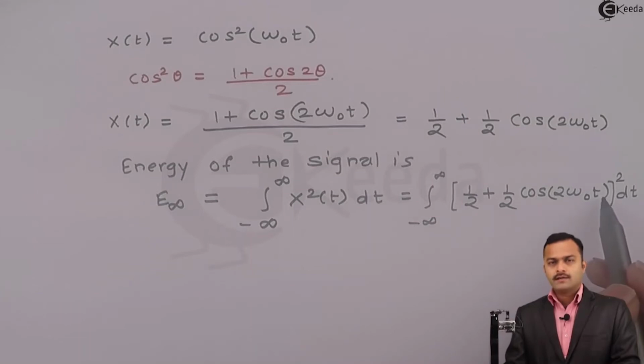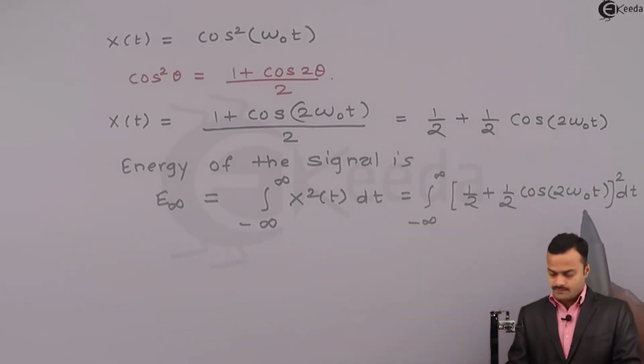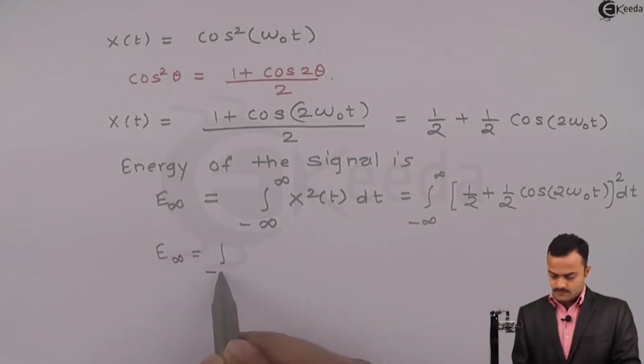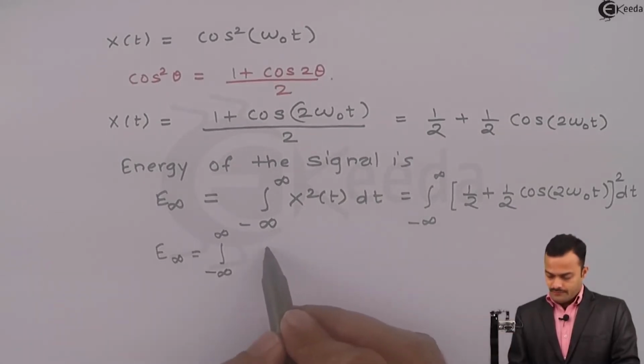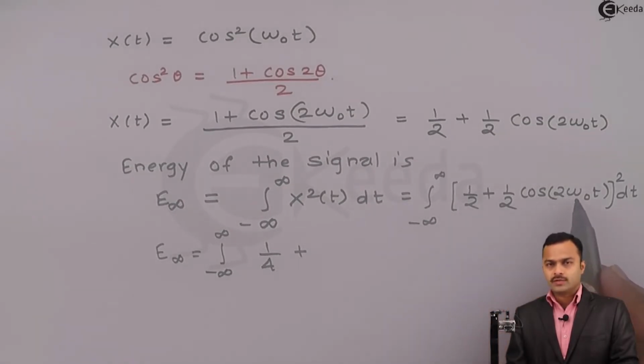I can square this term by applying the formula of a plus b the whole square, which is a square, 1 by 4, plus, if I multiply, I'll get 1 by 4 cos 2 omega 0 t multiplied by 2.